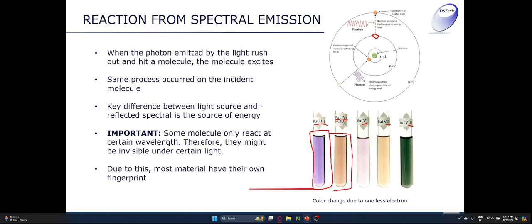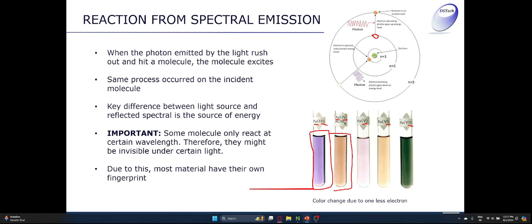In fact, some of these colors might not even be there. I mean, it's not that they're not there, it's just that they're invisible under certain wavelengths. For example, some chemicals, let's say some alcohol groups, might not change color because they are translucent.